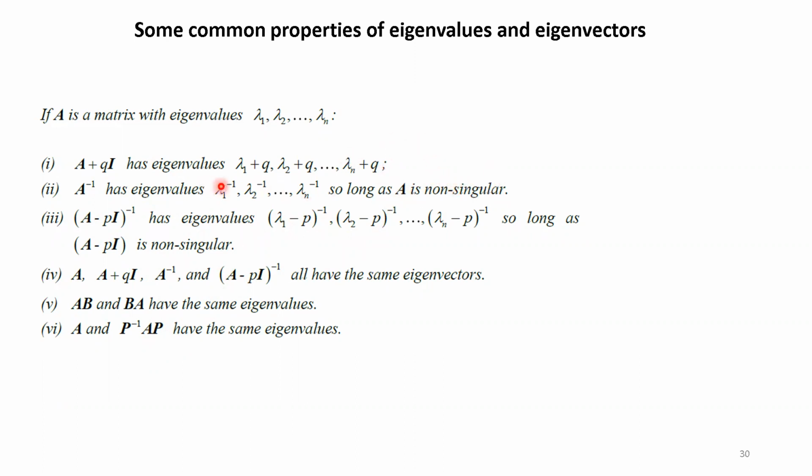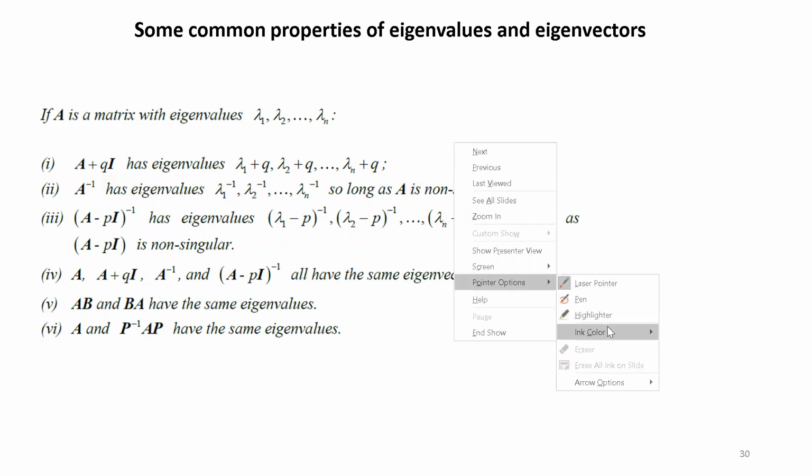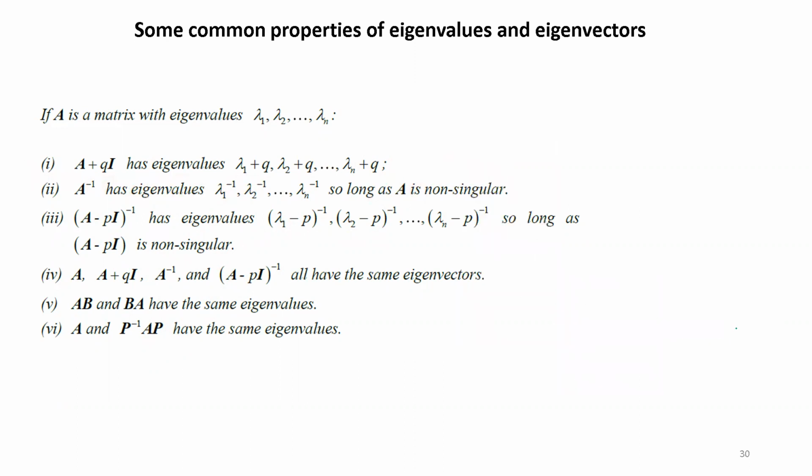So for example, the second one. How do we prove that? It's actually pretty straightforward. I told you that the eigenvalue of the matrix A is given by lambda, so A x equals lambda x. If I multiply both sides by A inverse, the left-hand side just becomes x itself.